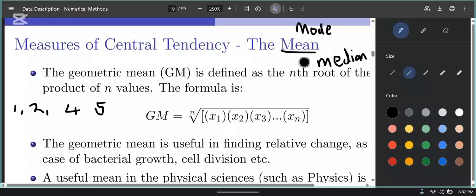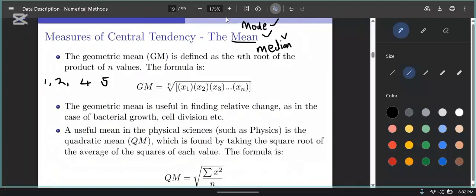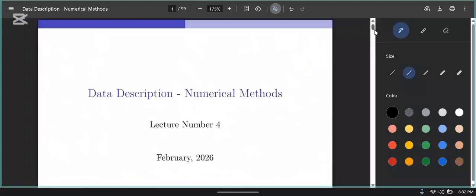So that is the purpose of all these central measures of tendency. The mode, the mean, and the median are used for the same reason, to represent a large data set of numbers.